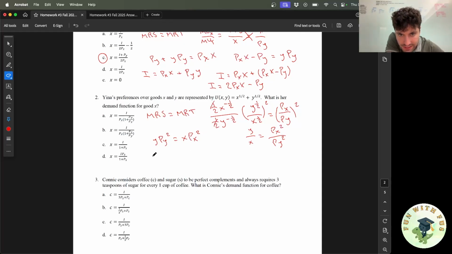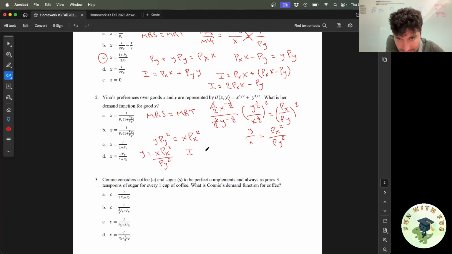But I can just divide this over. I'm trying to find x, so we're going to solve for y here. So I'm going to get y is equal to x px squared over py squared. Alrighty, so now we're going to put a little bit of this into that income statement up here.